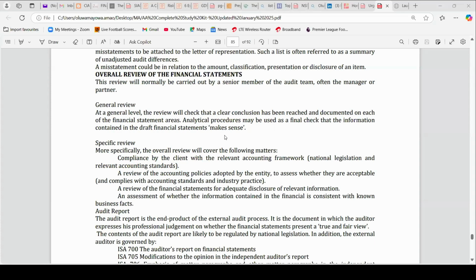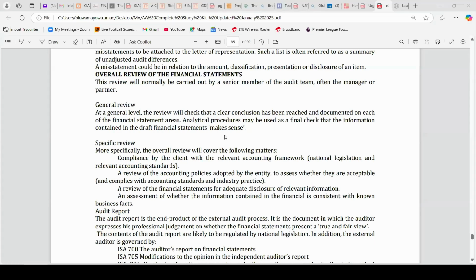Has the financial statement been prepared in line with regulatory standard? Does it have the relevant accounting standard? Is it in line? He is looking at the accounting policy and at appropriate disclosure. Those are specific reviews.